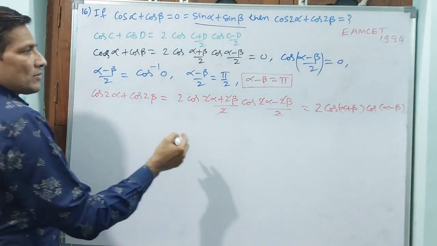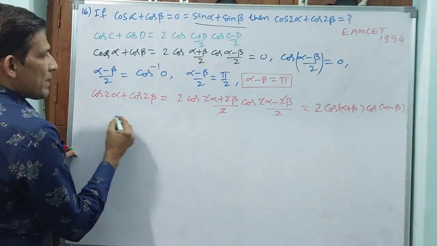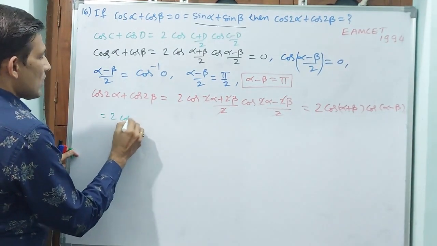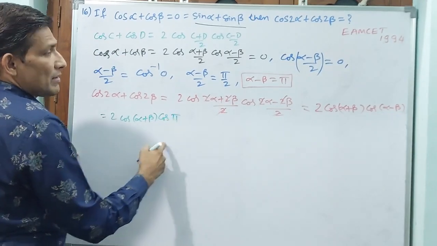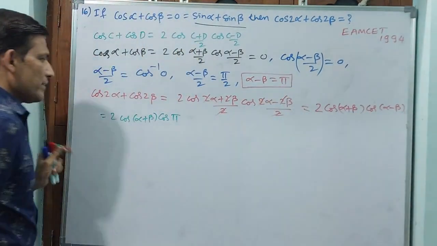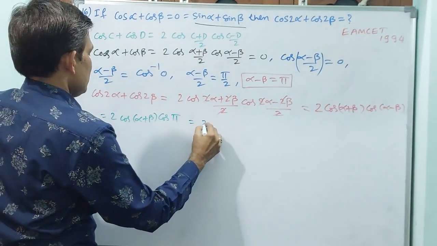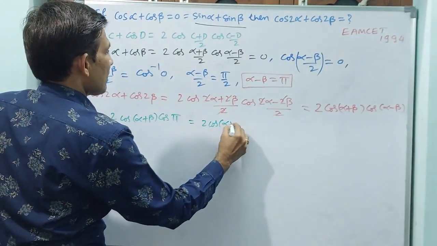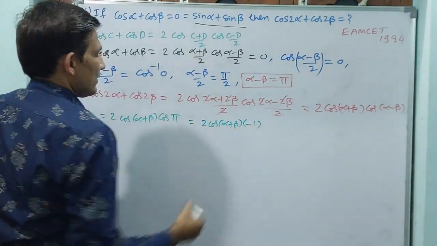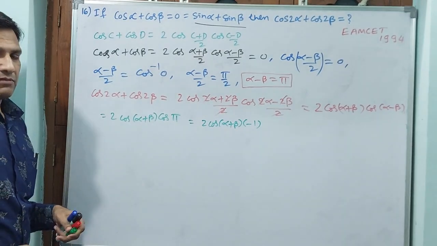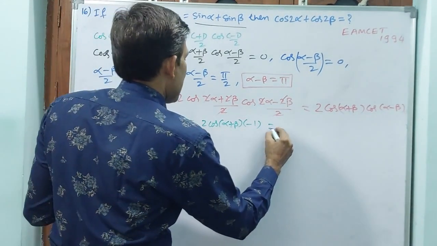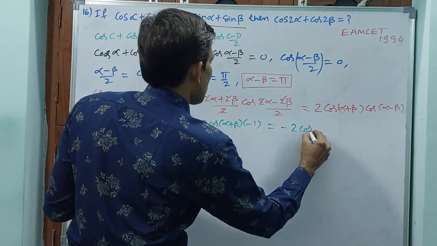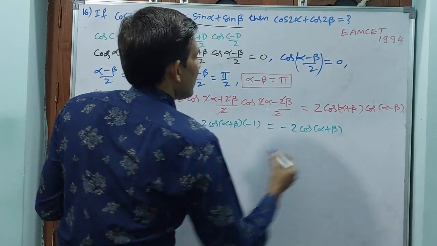Alpha minus beta is pi, so that is equal to 2 cos alpha plus beta cos pi. What is the value of cos pi? 2 cos alpha plus beta into minus 1. Cos 0 is 1, cos pi is minus 1. That means the answer will be minus 2 cos alpha plus beta.